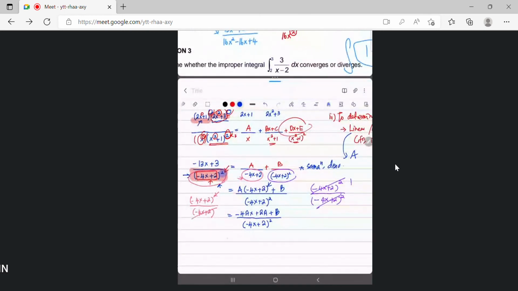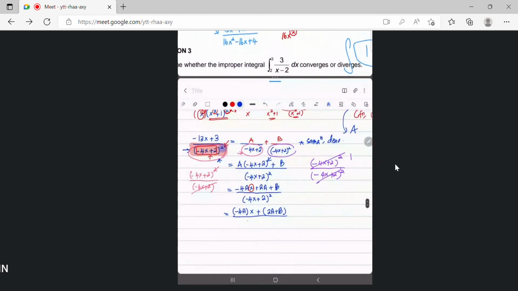So the next one kita kumpulkan, kita kategorikan dia mengikut power of x. So siapa yang ada x dekat sini? Satu sahaja. So jadikan dia dalam bracket negative 4A x plus, this one must be always plus. So yang mana baki dia tu? 2A plus B. Buatkan dalam satu bracket. Ini cara untuk kita kurangkan careless mistake.